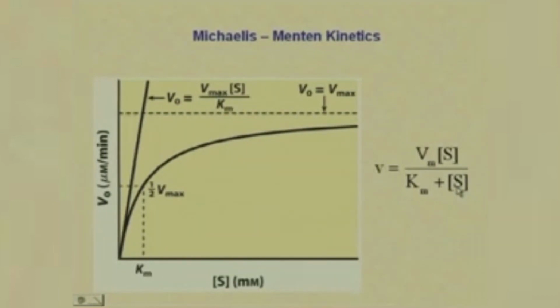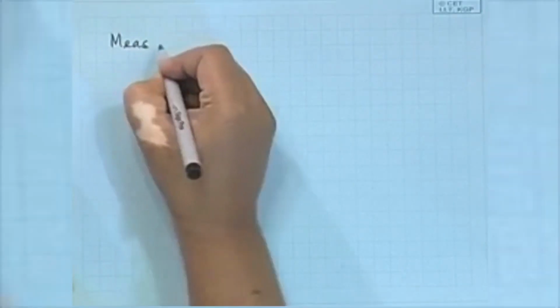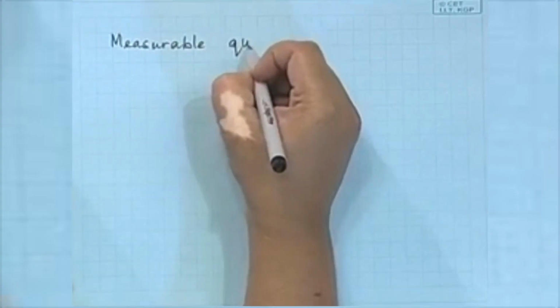Now if I know the total enzyme concentration that I start off with, there are certain measurable quantities that I have. What are these measurable quantities?